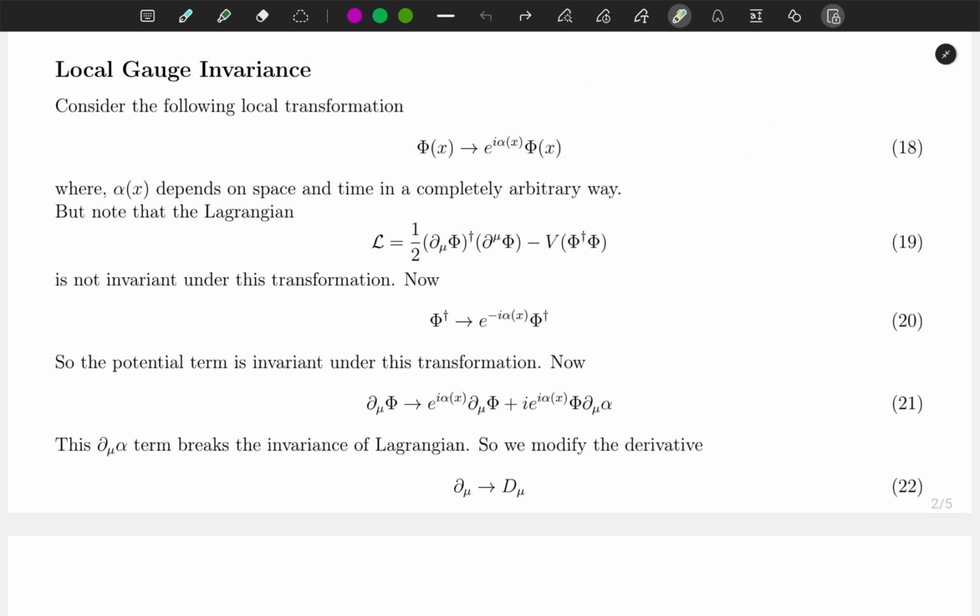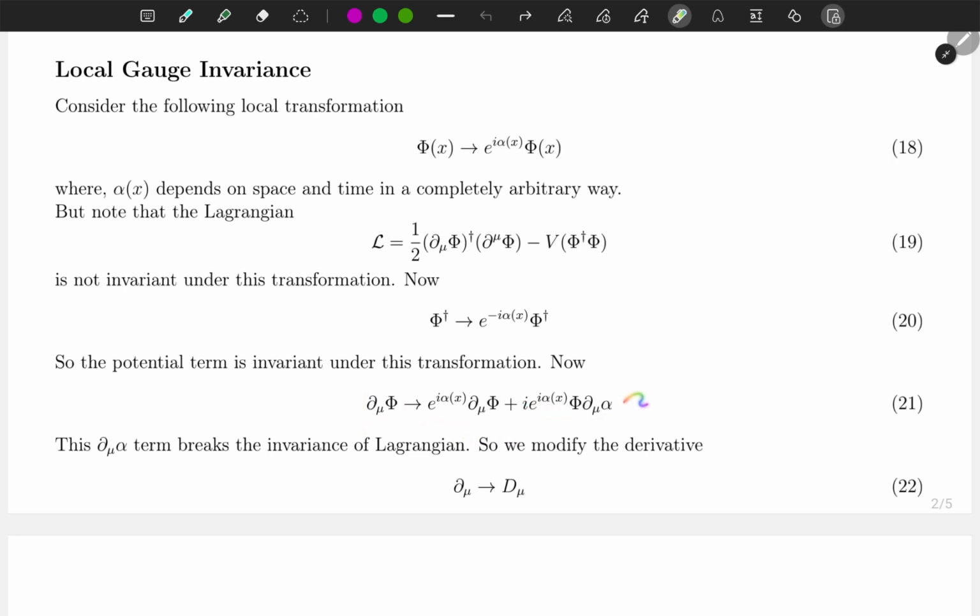Now we have this Lagrangian again. If phi transforms this way, phi dagger will transform this way, and you can see the del mu phi, the derivative term, transforms this way.